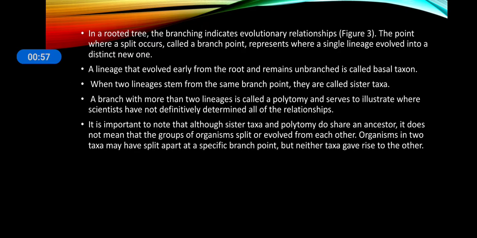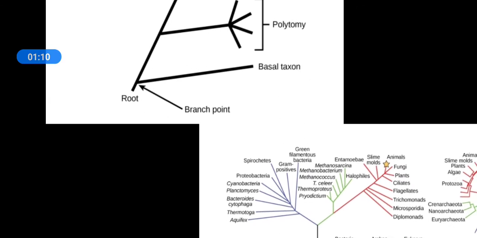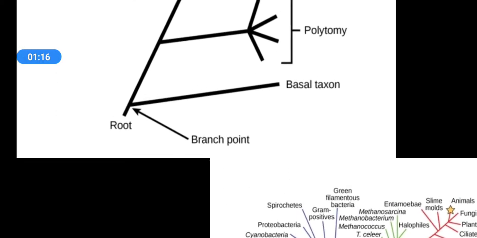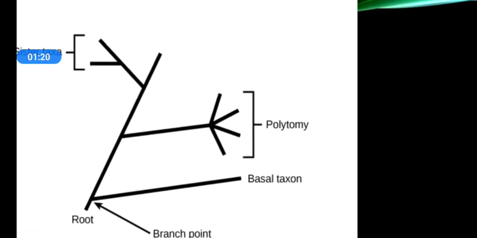Now if you take a rooted tree, there is branching that indicates evolutionary relationships, and I will show you a rooted tree. So this is a rooted tree. The split, where the branching has occurred, is called the branch point. Here you can see a branch point, here you can see a branch point, and there are three branch points over here.